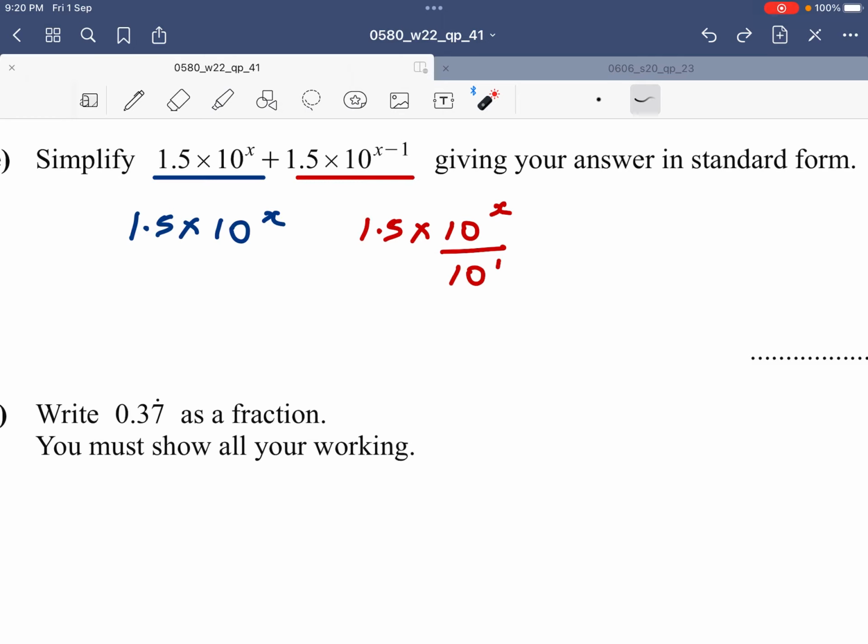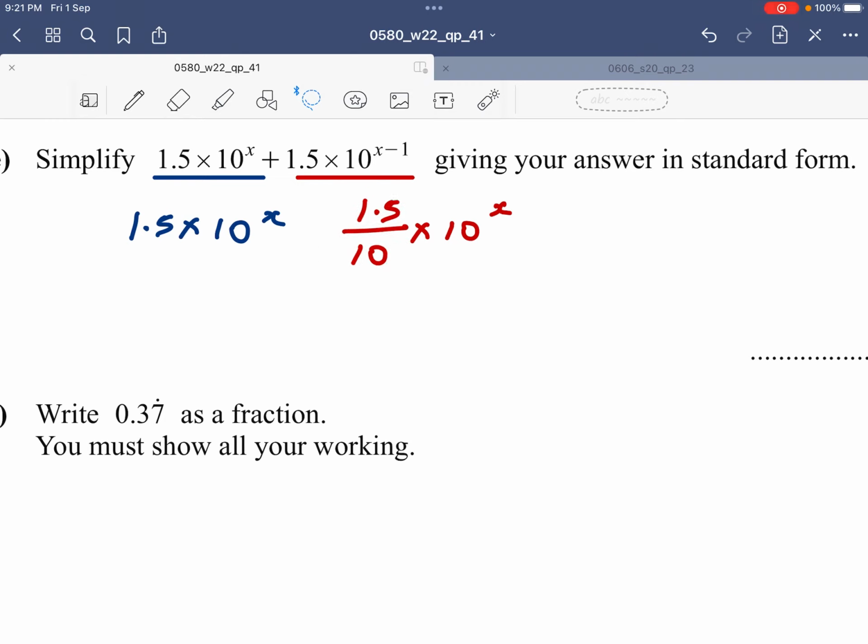But where can you allocate this divided by 10? If you do not want to keep your divided by 10 here, it's actually the same value if you put it here, right? It's the same thing.